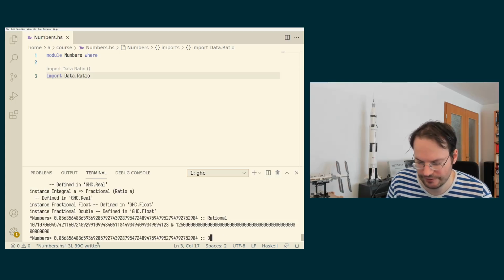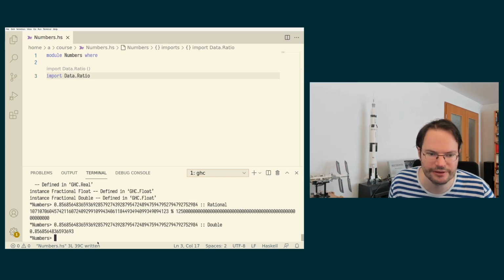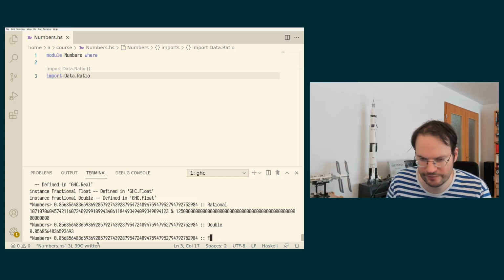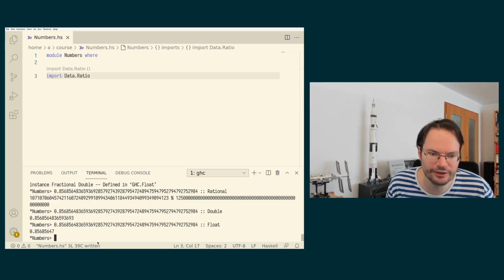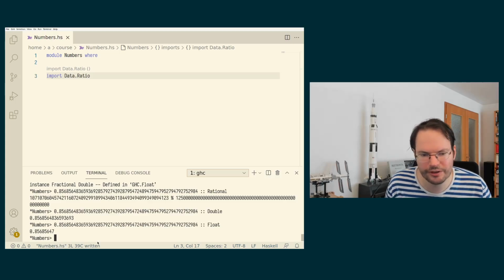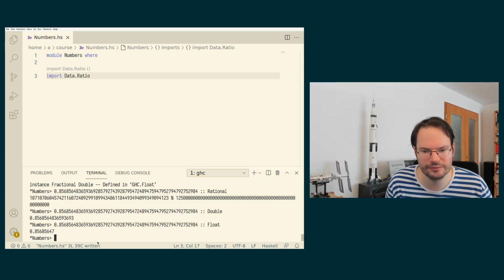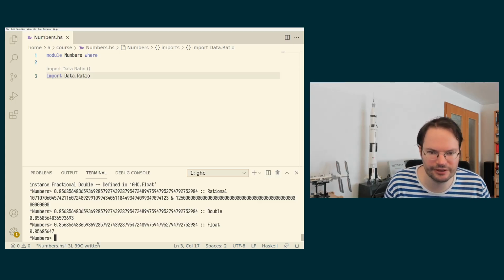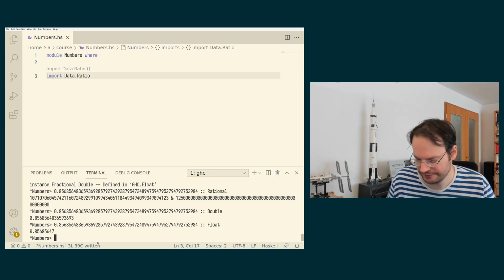If we say we want to interpret this as a Double, you can see that we get a somewhat lower precision, and if we interpret this as a Float, we see that we get yet again somewhat lower precision. I'm actually currently not 100% sure whether the shown precisions by the Show instances are actually the full internal precision, or whether there is more available, but nevertheless, this is basically giving you an idea, right?